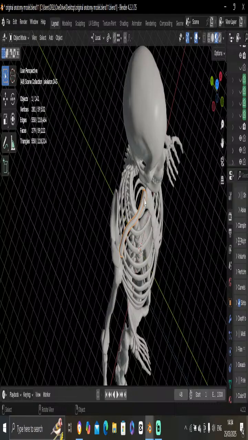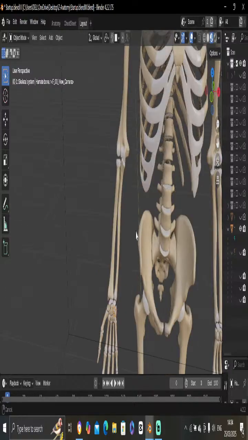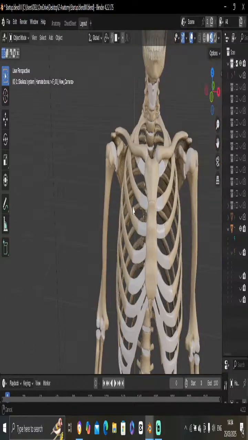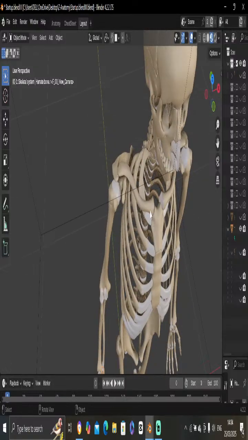I'm tracing the shape of the clavicle. It's roughly S-shaped. If we go to the high resolution image from here, we can see it is roughly S-shaped.